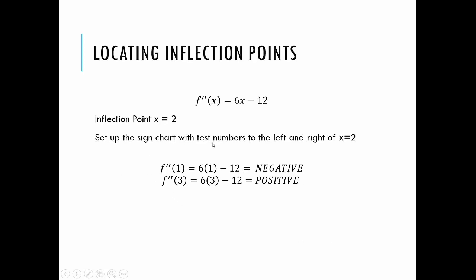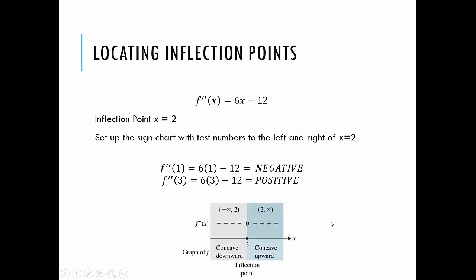What I do with that is set up a sign chart with test numbers to the left of 2, like 1, and to the right of 2, like 3, and I see if the sign changes. By the concavity, my second derivative from negative infinity up to this inflection point is negative, so it's concave down, and then it changes signs and becomes concave up.